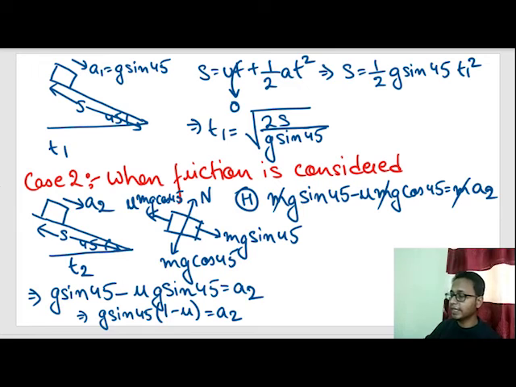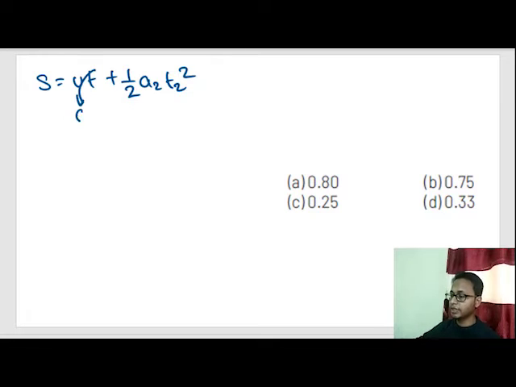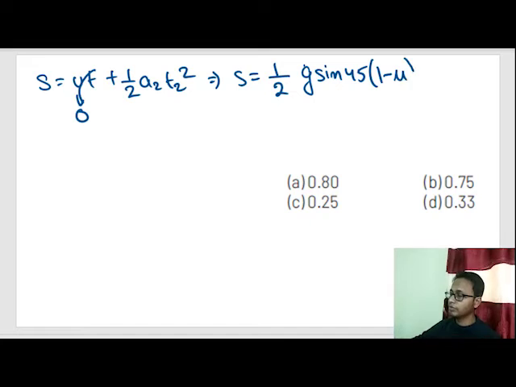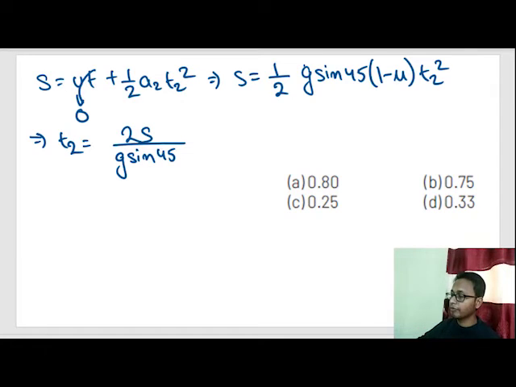This s and this s are the same distance. Acceleration is different and the time taken is different. So here acceleration is a2, which is g sine 45 times 1 minus mu. When you substitute, u becomes 0, and s is equal to half g sine 45 into 1 minus mu t2 square, or t2 is equal to under root of 2s by g sine 45 into 1 minus mu.